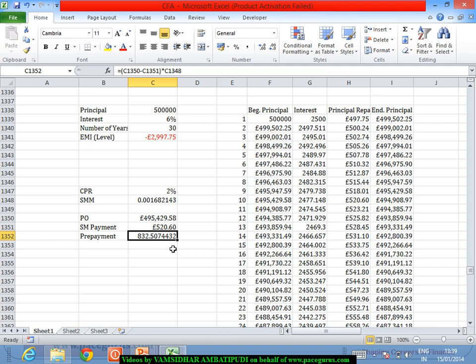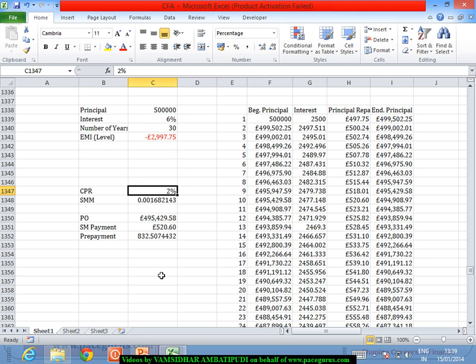When I am using 150 PSA, it is as good as multiplying the CPR by 150%. So instead of 2%, I'll take 3% directly for the CPR and then use it for the computation of prepayment.